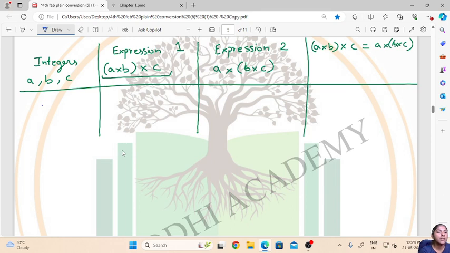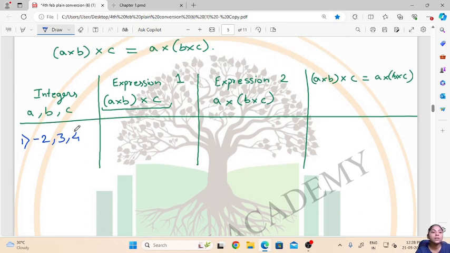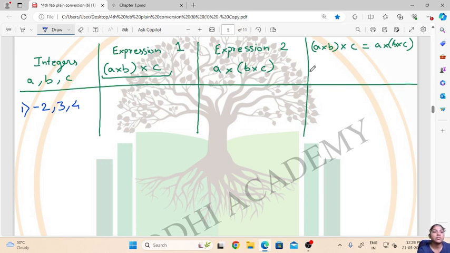Now let us take our first 3 integers: -2, 3 and 4. So -2 is a, 3 is b and 4 is c. Now let us put these into the expressions.